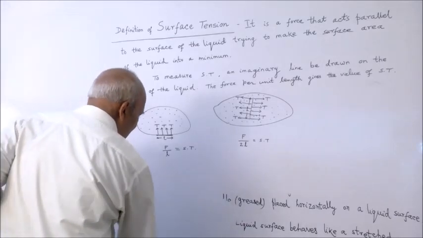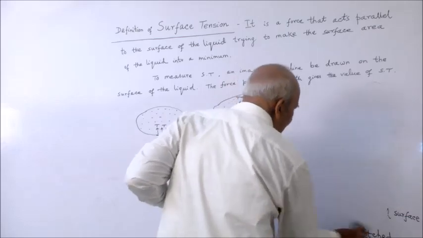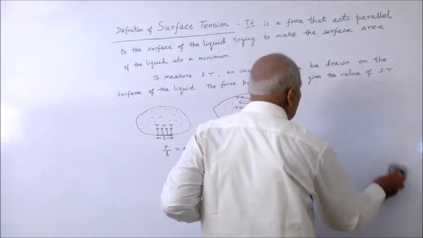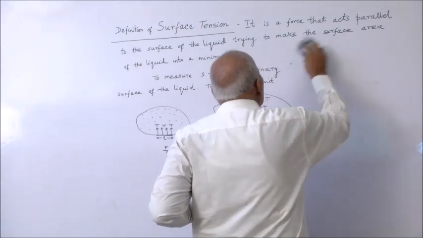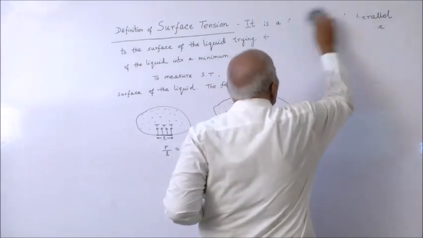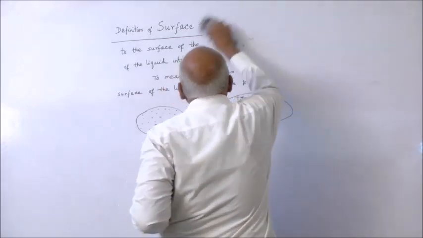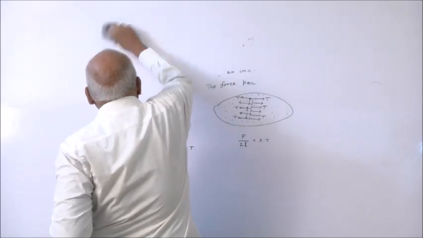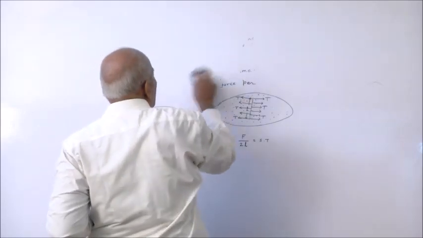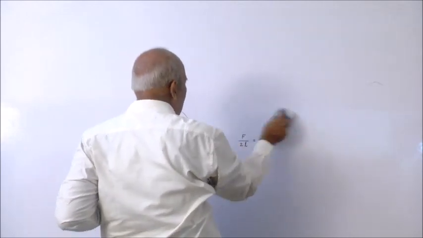So, with these definitions and elementary ideas, we proceed to an experiment also done in plus-three classes to measure surface tension, by measuring the capillary rise in a narrow tube, that is called a capillary tube.